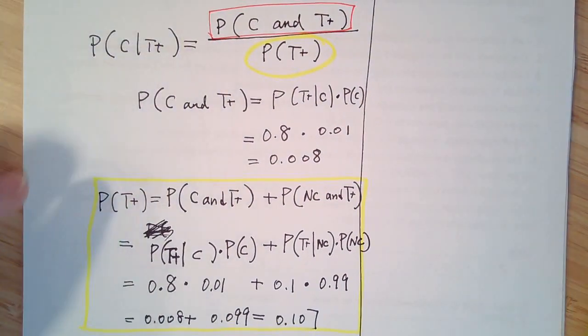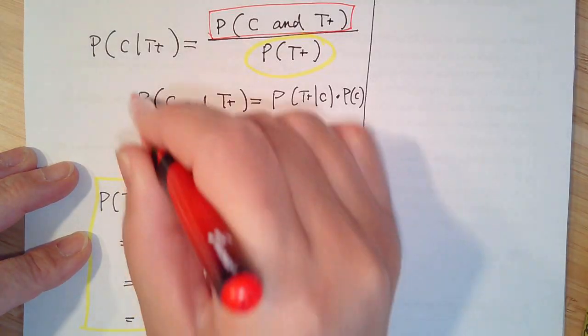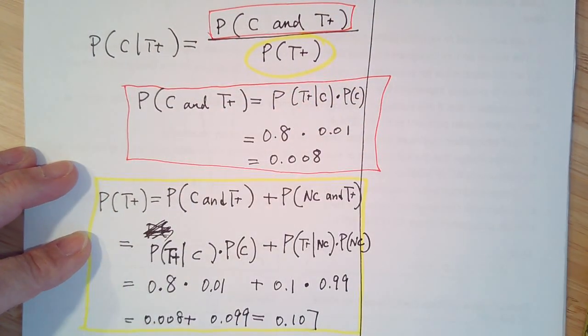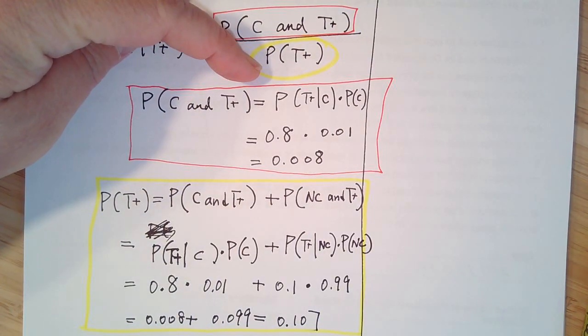So the top, we have it. The top is 0.008. The denominator is 0.107.